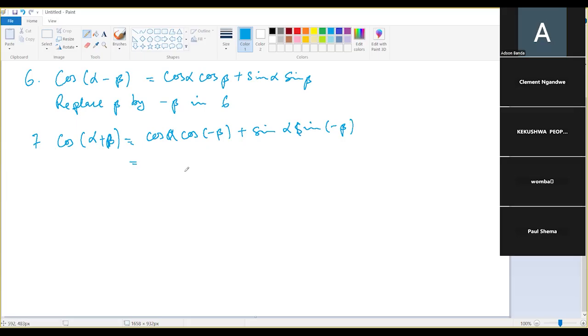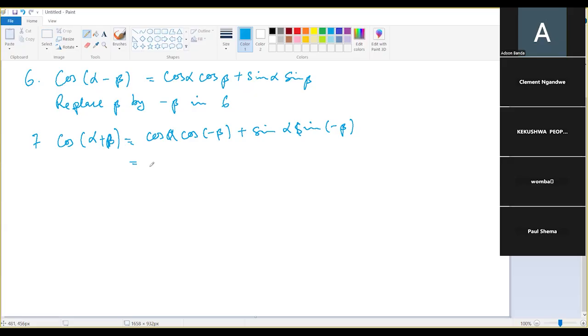Right, so you remember that in the previous lecture, we saw that cos of the negative of an angle is just the cosine of that particular angle.